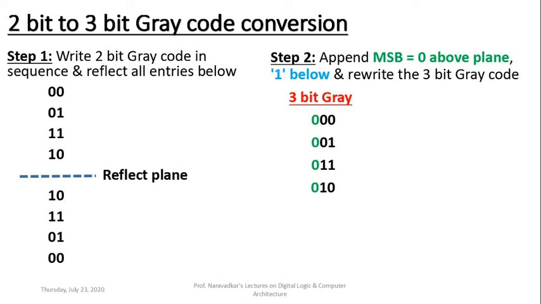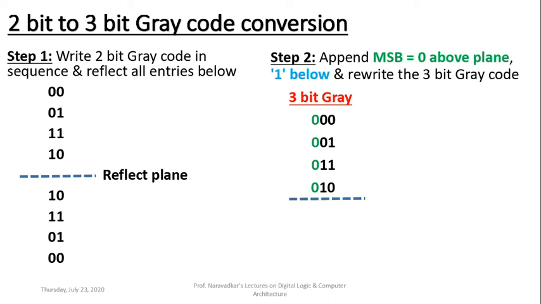Simply, above the reflection plane, whatever 4 entries were there are written as they are, in black color. You can observe it. And above that plane of reflection, the MSB, the leftmost bit which we want to add, should be 0. Then you keep the plane of reflection as it is.